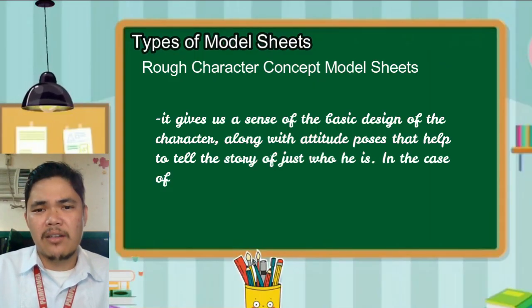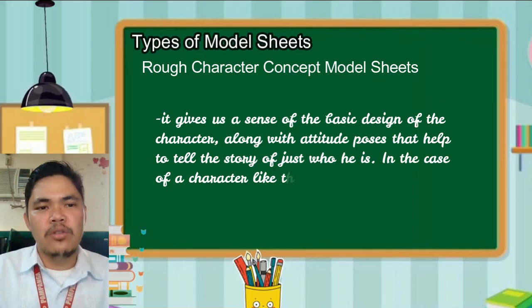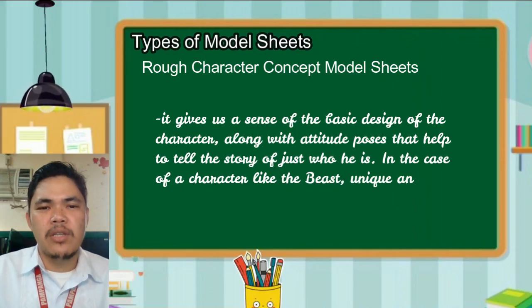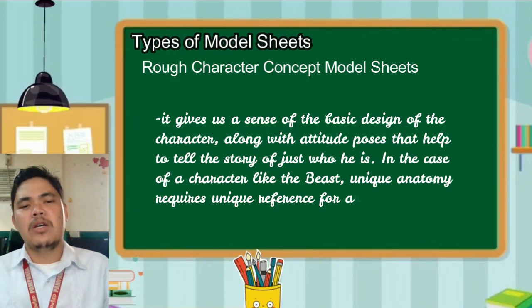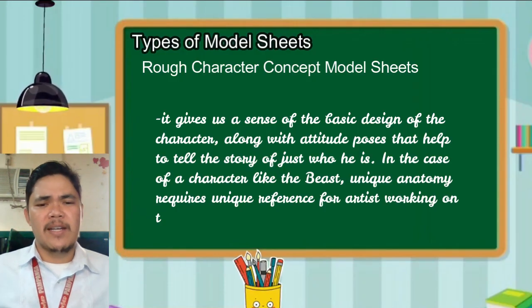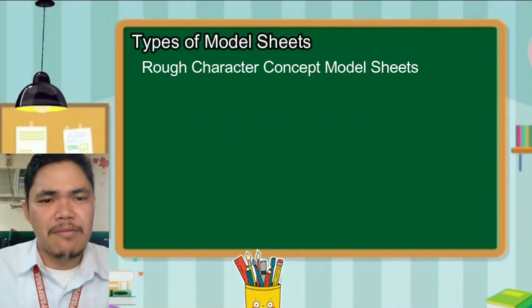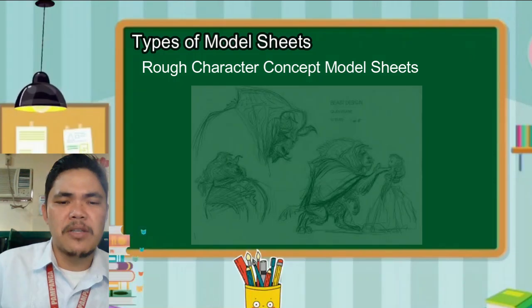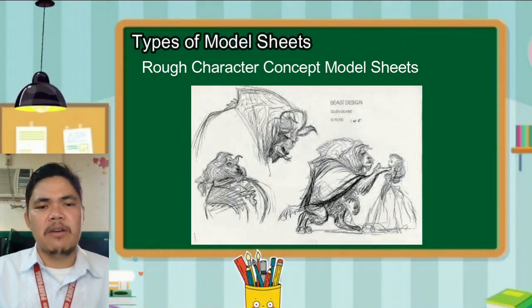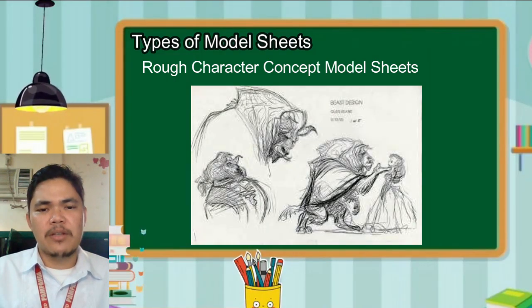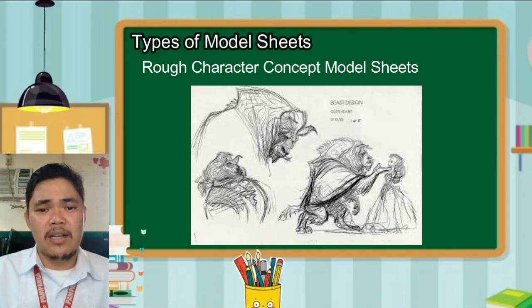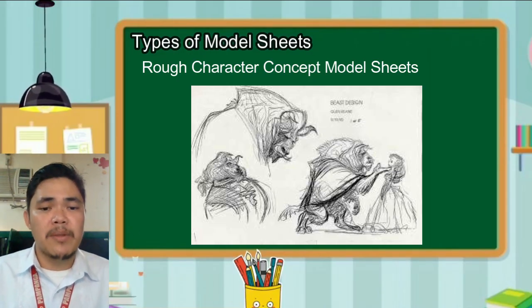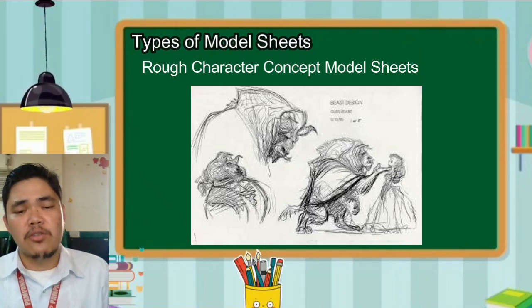In the case of the character like Beast, unique anatomy requires unique reference for artists working on the Beast team. Okay, so why is it important for us to create yung tinatawag natin na rough character concept model? Okay, especially yung character ni Beast, iba-iba yung ano niyan. Like for example, no, kung makikita natin yung character niya, okay, marami siyang anatomical requirements na kailangan since iba yung itsura niya.